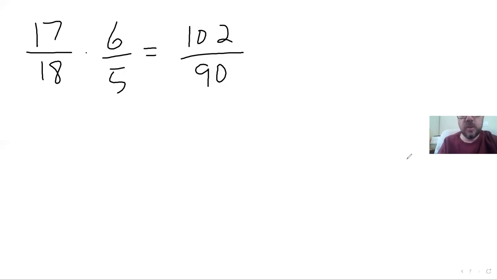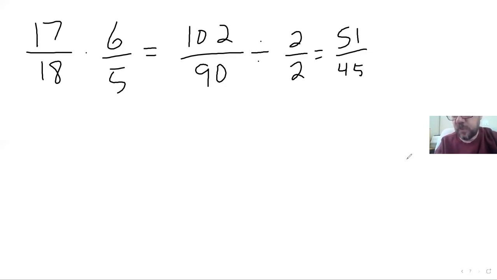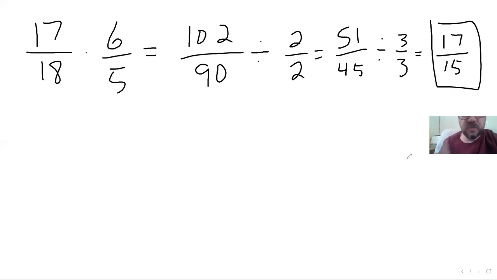So I could cancel a 2 out of the top and bottom, in the same way that I can multiply by the same number on top and bottom, I can divide by the same number on the top and bottom: 51 over 45. And then I don't know if it's obvious to you or not, but 3 goes into both of those things: 17 over 15. And that is the right number. However, there's a much better way to do it.